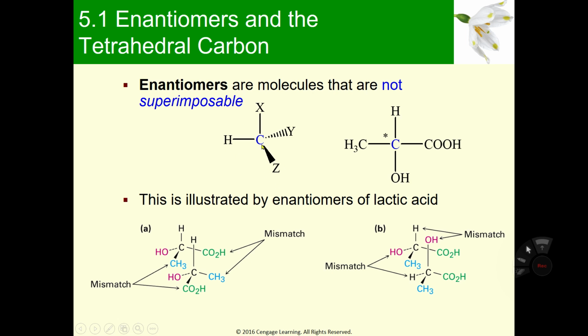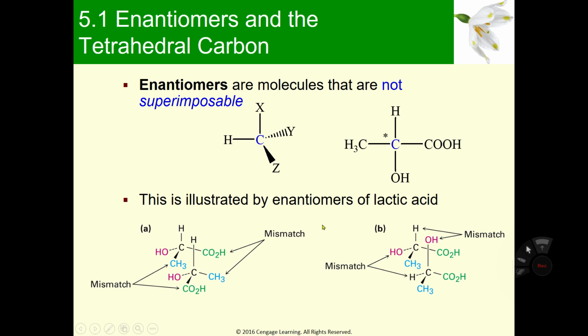Because this carbon is tetrahedral, we can imagine the three-dimensional structure around the carbon. And if the atoms or atomic groups around the carbon are different from each other, then we usually put an asterisk on the carbon to denote that the atoms or atomic groups surrounding the carbon are different from each other.